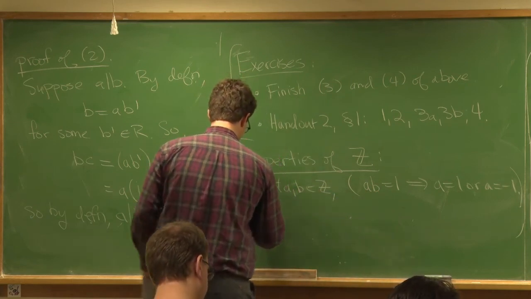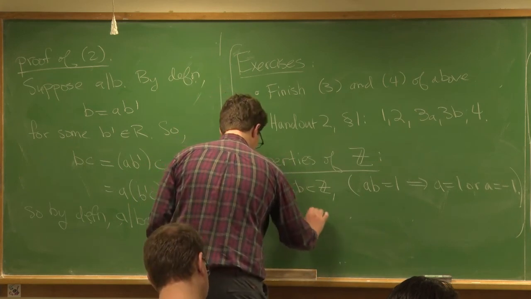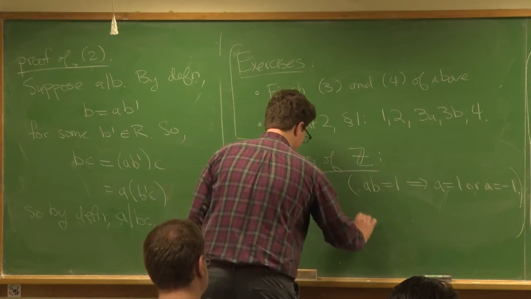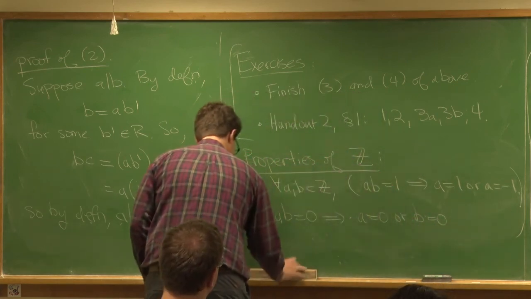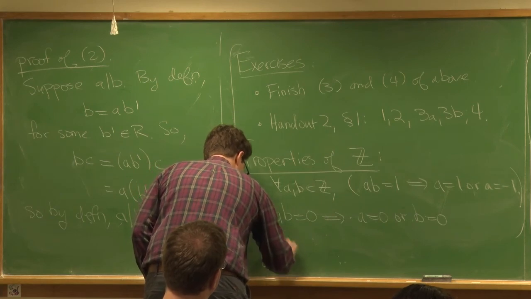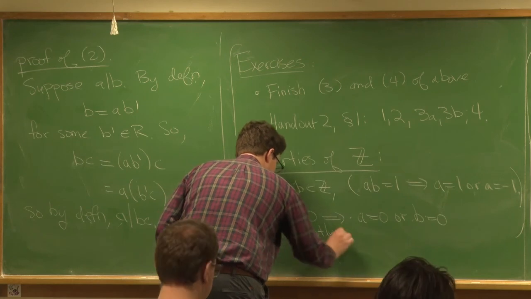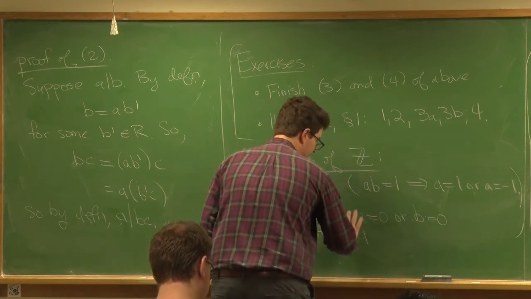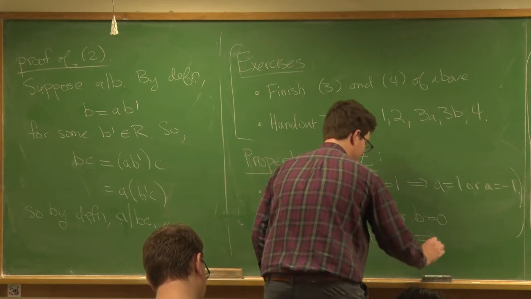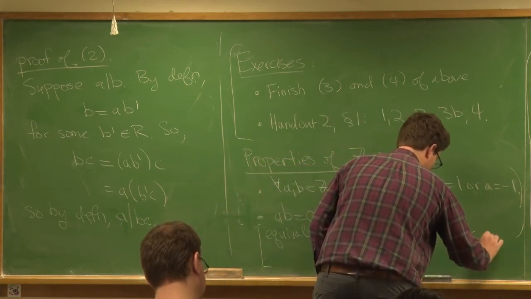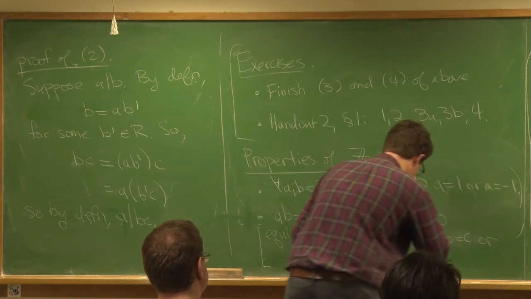The other thing that we need is that if AB is equal to 0, this implies that A is equal to 0 or B is equal to 0. Equivalently, if A times B is equal to A times C, this implies that B is equal to C, or A is equal to 0.